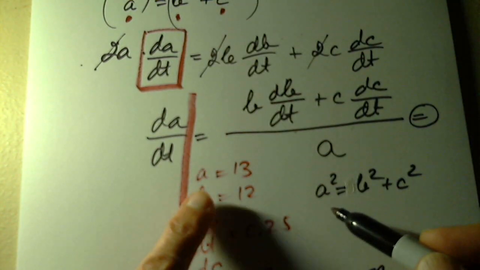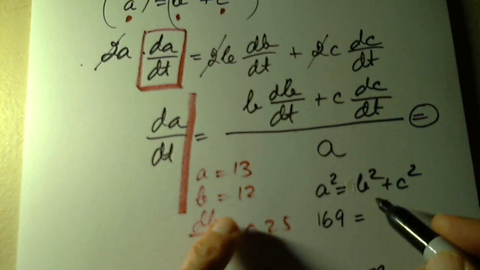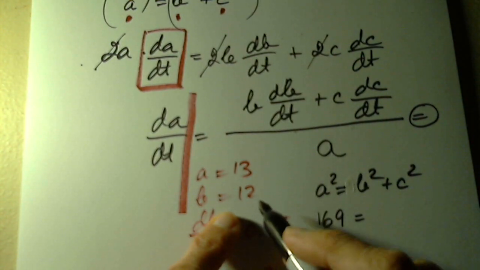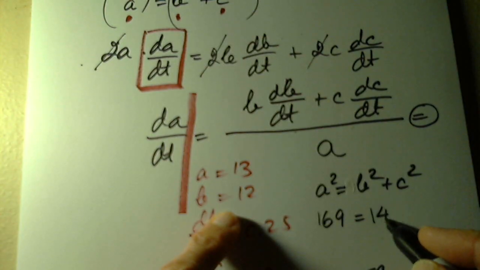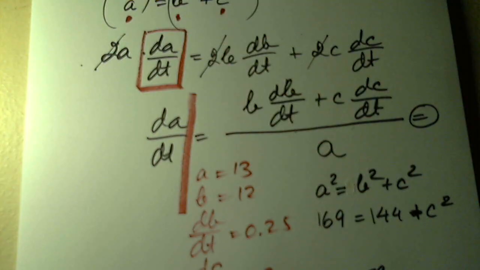So I have that A squared is 13 squared, which is 169. I have that B squared, 12 squared, is 144, plus C squared. 169 minus 144 is 25. So then C squared equals 25.